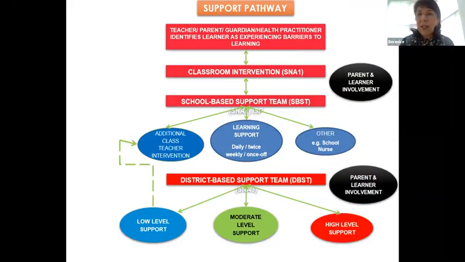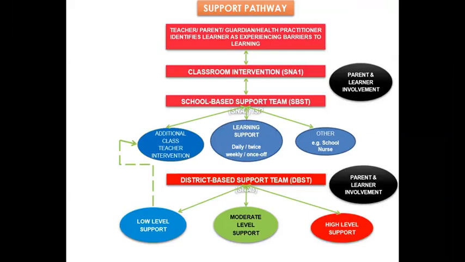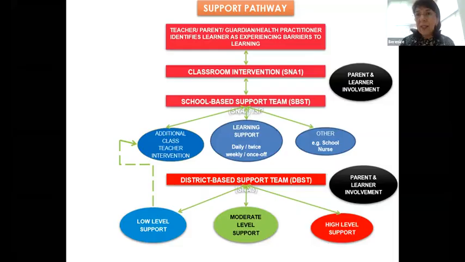If it's moderate level, like I mentioned earlier, we might provide that at a full service school or an inclusive school, or we will have a team going out from the special school to advise the school. If it is high level support, then we would consider a special school placement.